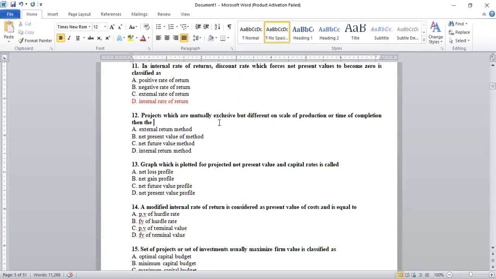Projects which are mutually exclusive but different in scale of production or time of completion, then the net present value method. Next question. A graph plotted for projected net present value and capital rates is called the net present value profile.